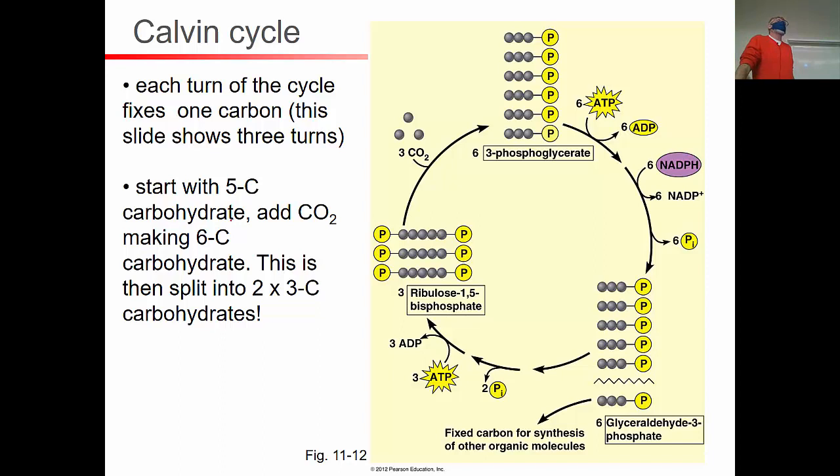It involves a lot of moving carbons around, and this is kind of a nice way of showing it. Each of those gray spheres, of course, is a carbon. And where we want to start is we want to start here with 3 5-carbon molecules. We take 3 5-carbon molecules and we add 1 carbon dioxide to each of them.